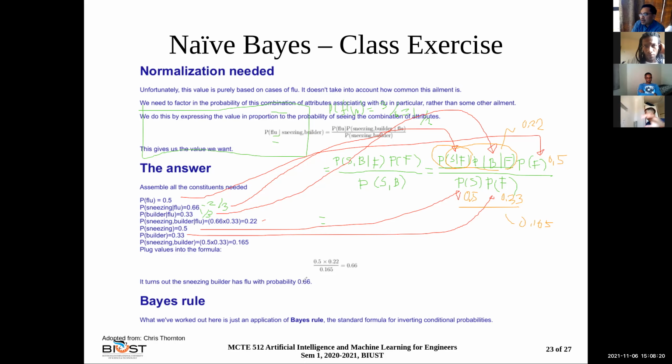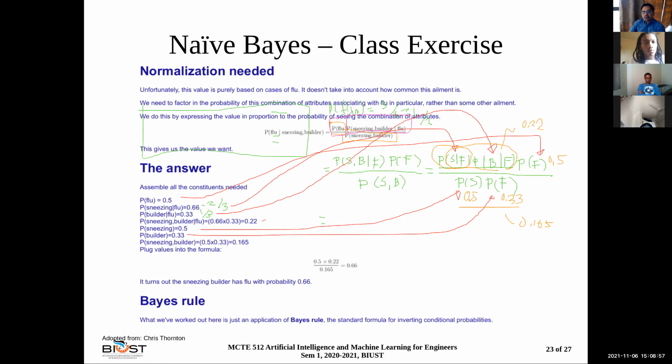The question is, sir, why in this case we are considering all of the naive Bayes equation, including the top part and the bottom part, but in some cases we only consider this one, and in some cases we consider this one.